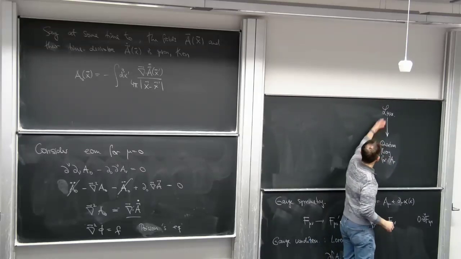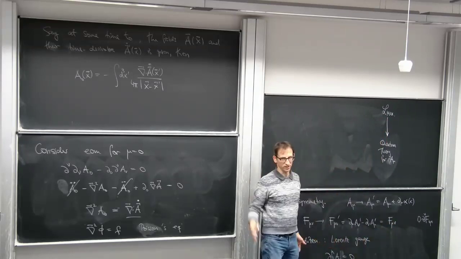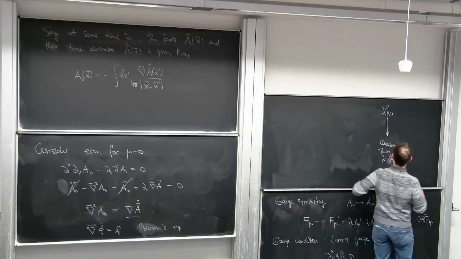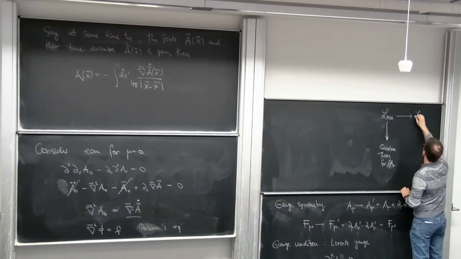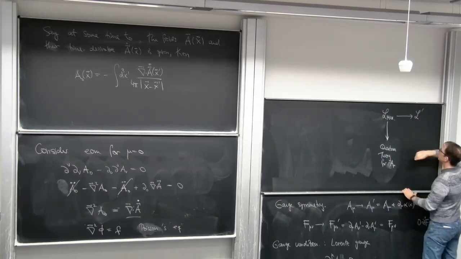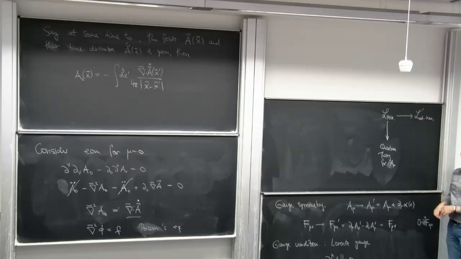But here, my direct approach by computing the pi's already failed. Like I couldn't just do it. So now it's a detour. We'll go to some other theory, L prime, which is not Maxwell, different.